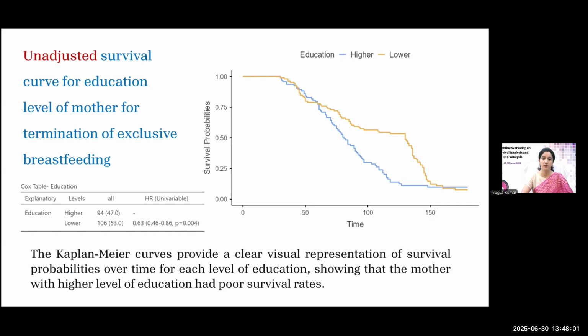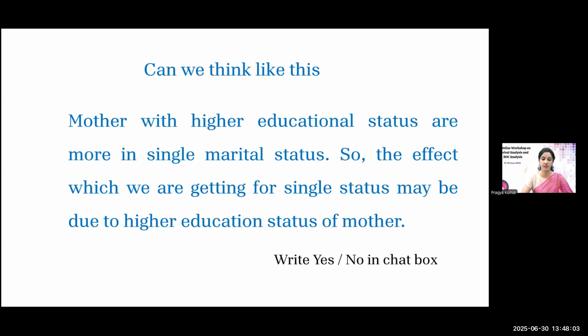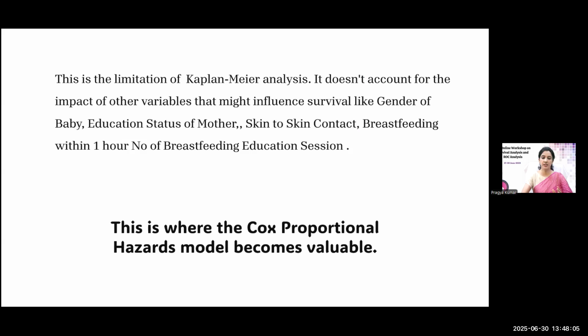So you can enter all those variables and see the effect. In that case, the Kaplan-Meier method will not be applicable when you want to see the adjusted survival curve, or the effect of one variable taking care of other variables, that means controlling for the confounder. Then you need to go for this Cox proportional hazard model.